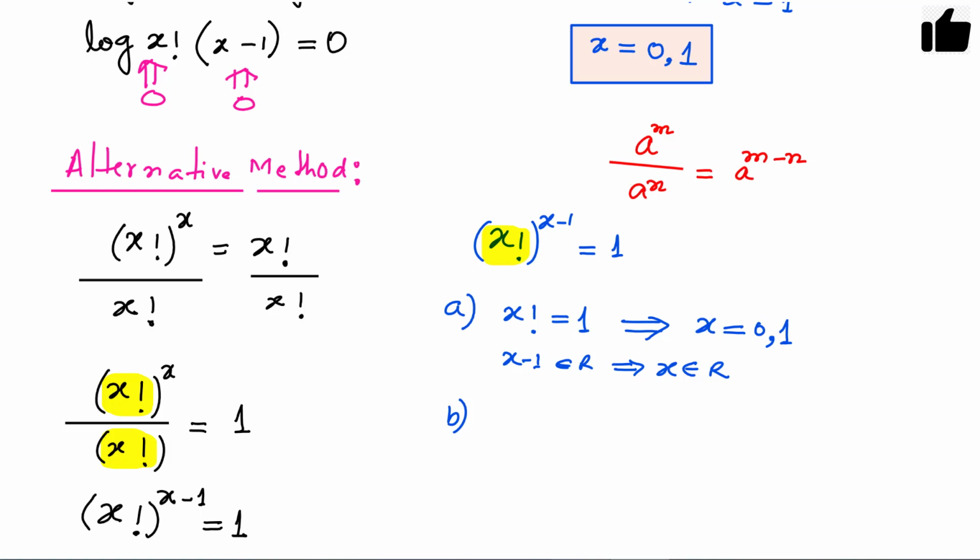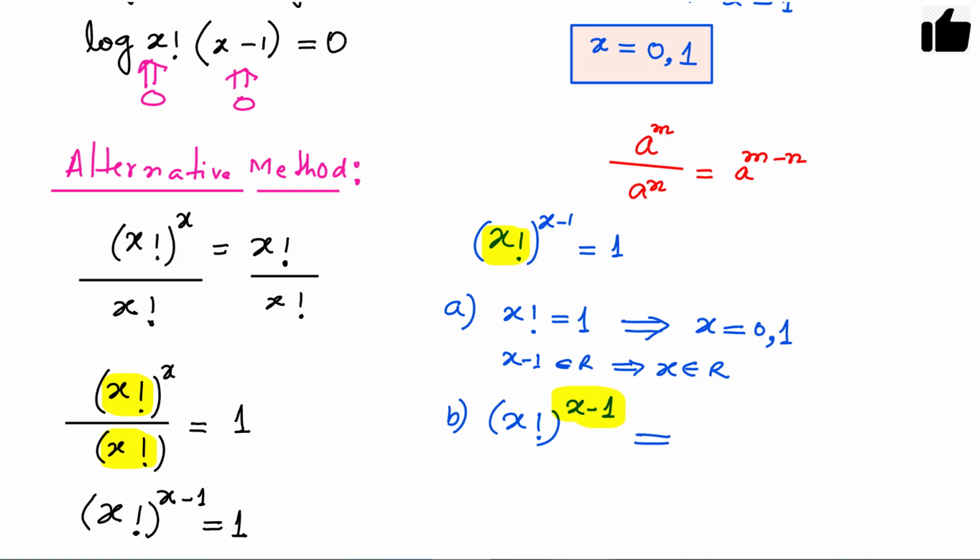Now the second possibility is you have x factorial here and then x minus 1 as the power. If this becomes 0, and the base can be anything, of course it should not be equal to 0, then if you raise it to the power 0, this becomes 1. So in this case also this will satisfy the original equation.